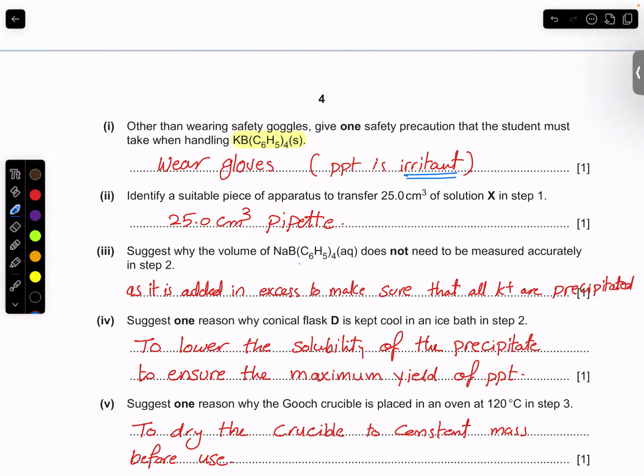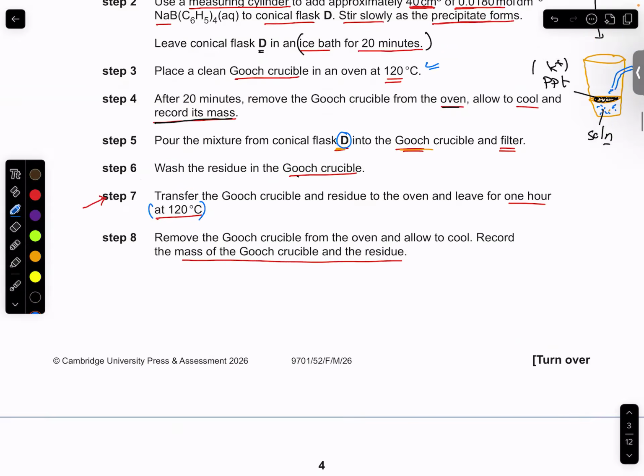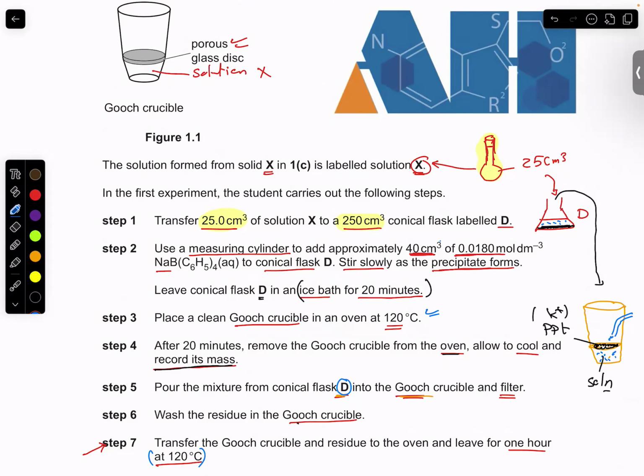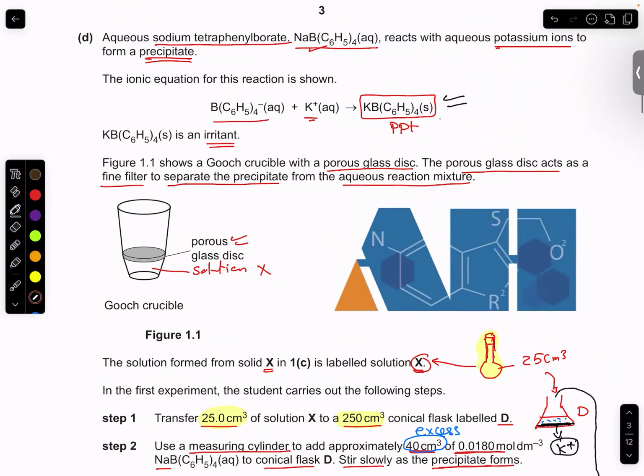Suggest why the volume of NaBPh4, sodium tetraphenylborate, doesn't need to be measured accurately in step 2. Of course, here in step 2, we just have to make sure that this amount is in excess. Why? To make sure that all the potassium ions are separated from the mixture and precipitate in the form of the compound that is given here.